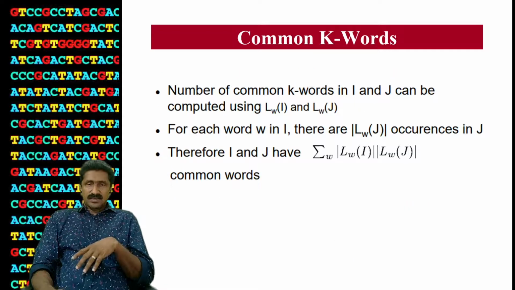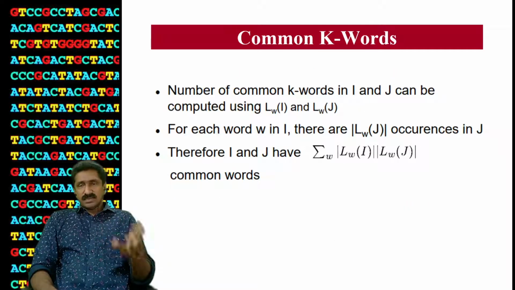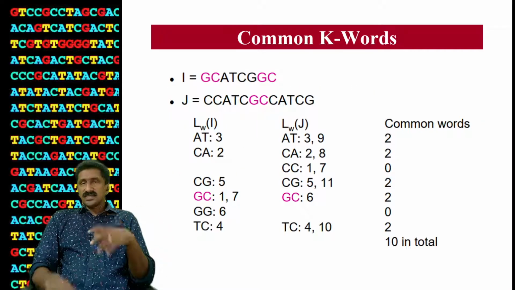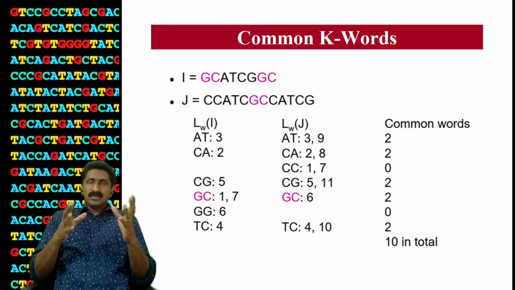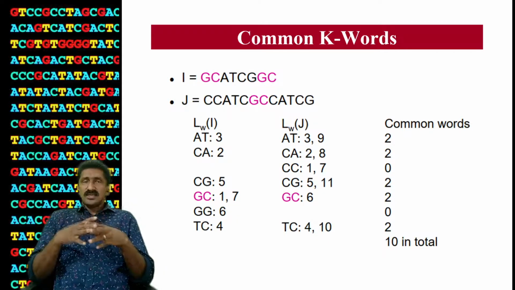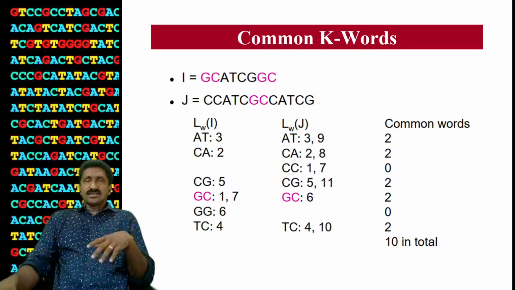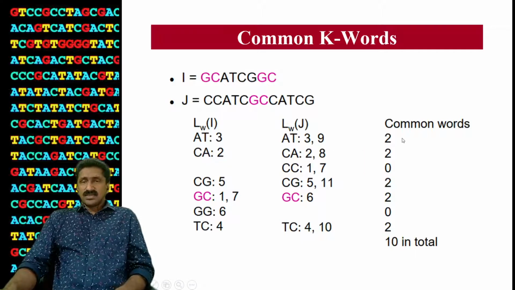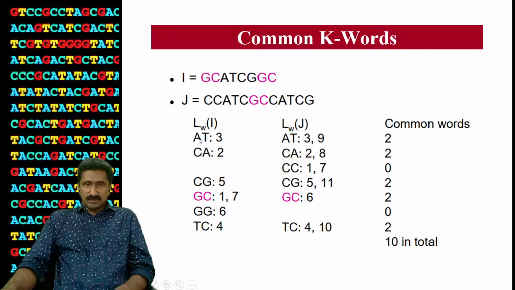Okay. So you have some mathematical formulas for calculating the overall time required for computation of these things, and it is not relevant now. Anyway, we have two strings I and J, and you generate a list of words of I and a list of words of J, and now match whether they are matching. If you compare this AT of the first string, you have two common words.